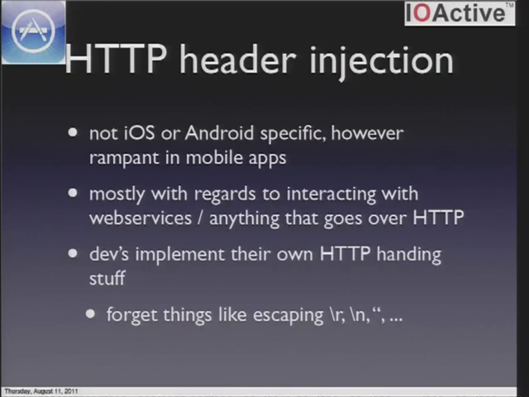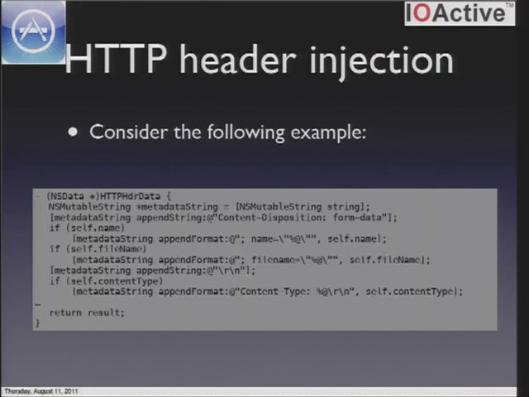HTTP header injection happens when potentially attacker-controlled data is put in an HTTP header value and the next line isn't escaped. It's incredibly common. This is a very trivial example where somebody's trying to upload a file. If an attacker were to have control over this file name, then header injection would occur.